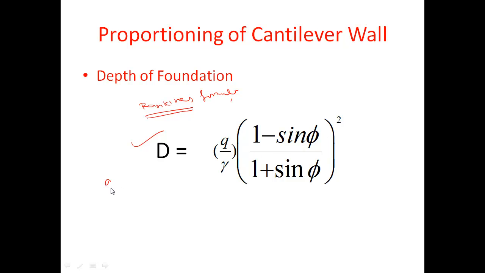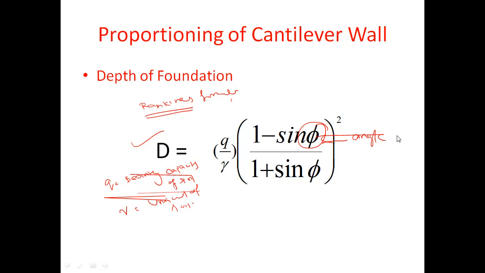Here Q is the safe bearing capacity of the soil, gamma is the unit weight of the soil, and phi is the angle of internal friction.